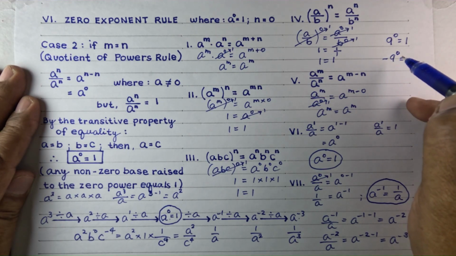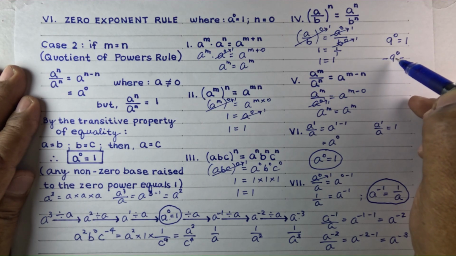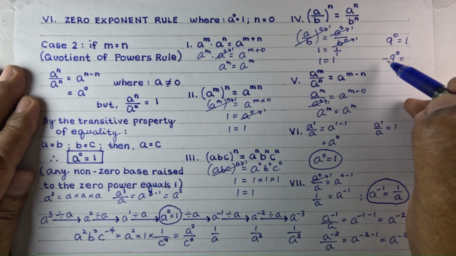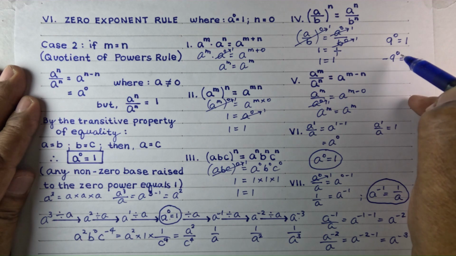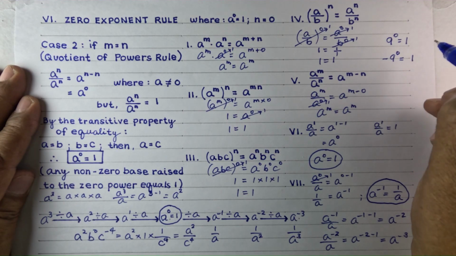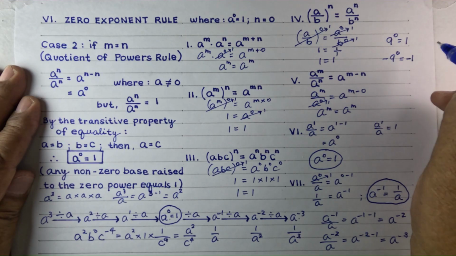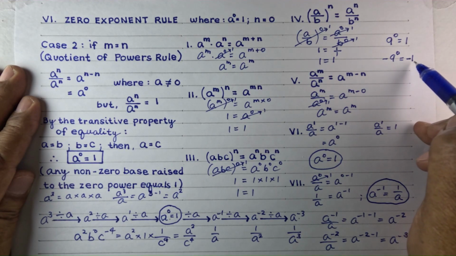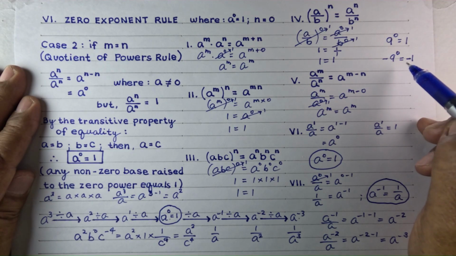So the zero exponent applies only to the base 9, and that is independent of the negative sign before it. So 9 being a non-zero base raised to the 0 power is equal to 1 preceded by a minus sign. So that's now minus 1. So minus 9 to the 0 power equals minus 1.